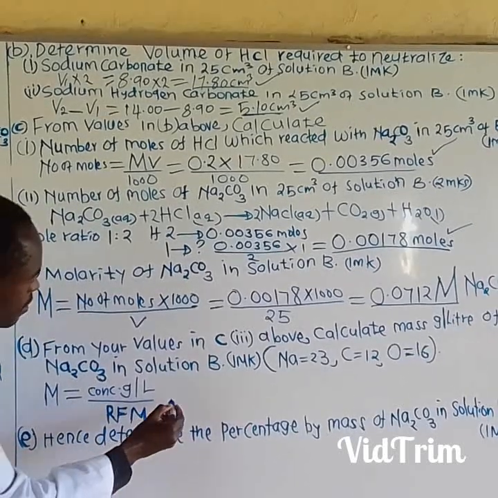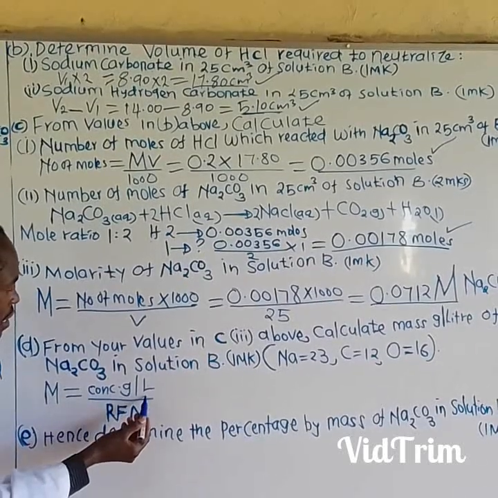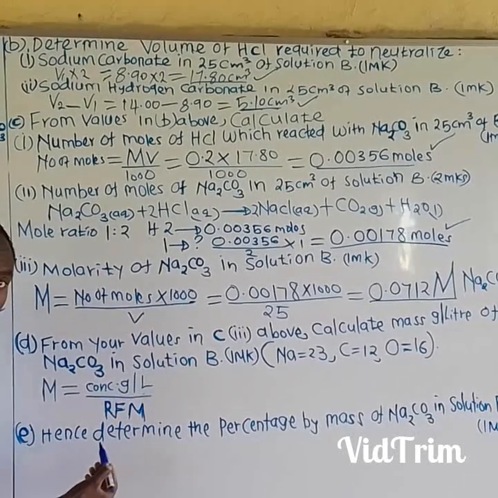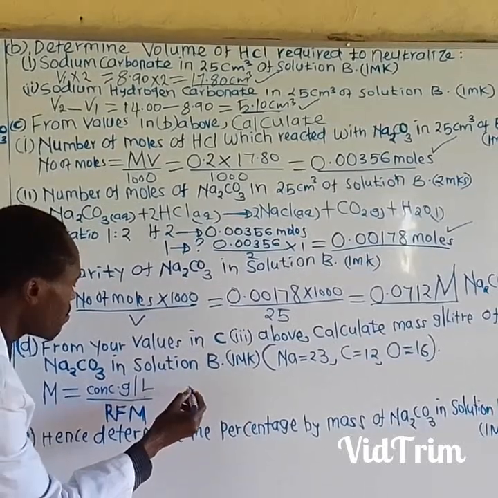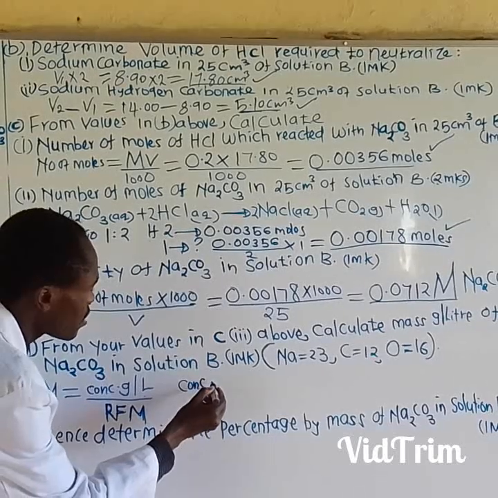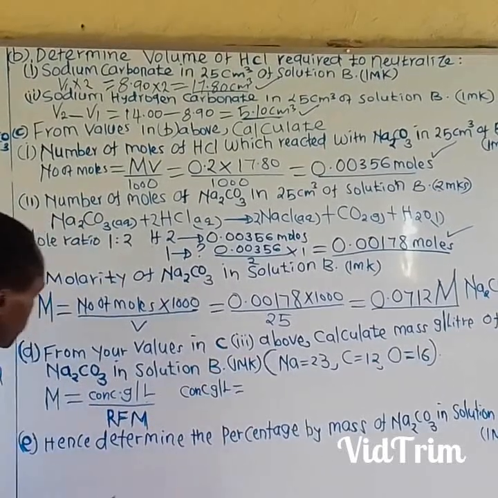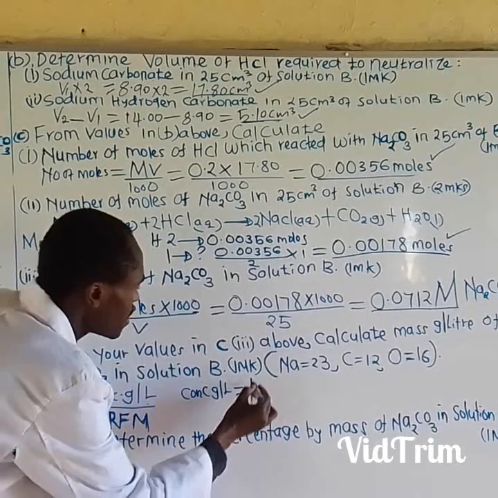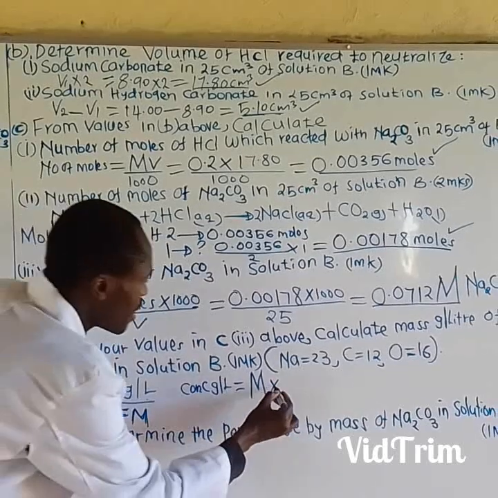So how do we now get the mass in grams per liter? We make this one the subject of the formula, isn't it? So that the mass or concentration in grams per liter is equal to molarity times RFM.